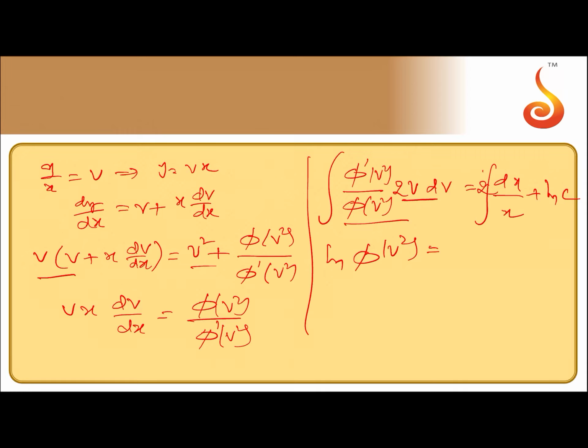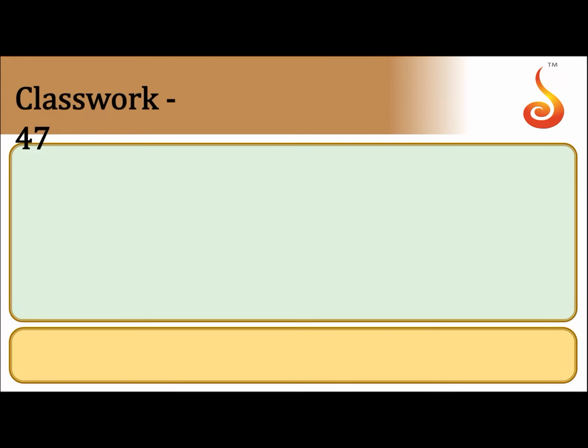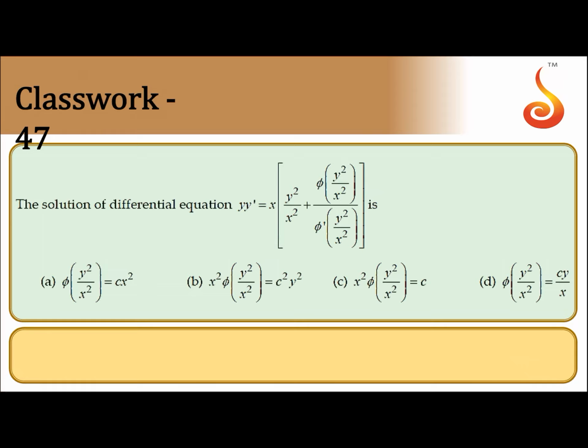Logarithm of phi of v square is equal to 2 times log x plus log c. Eliminating logarithm, phi of v square is equal to cx square. And therefore the answer is phi of y square by x square is equal to cx square. Answer is A.